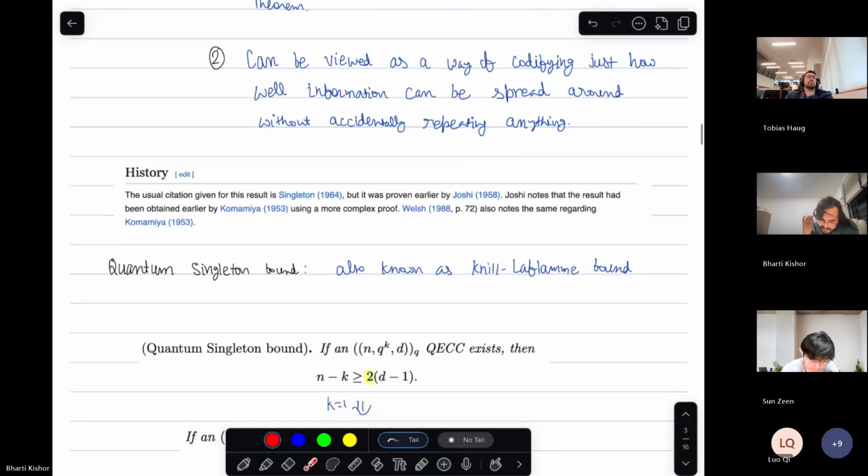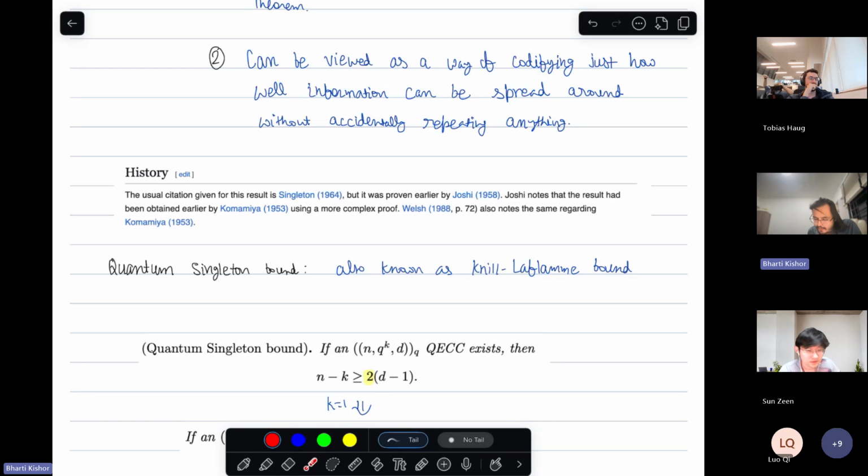Okay. By the way, a historical fact I would like to mention: everybody gives credit to Singleton, but this was earlier proven by Joshi in 1958. So maybe it should be called the Joshi bound. But Joshi notes that the result had been obtained by Komamiya in 1953.